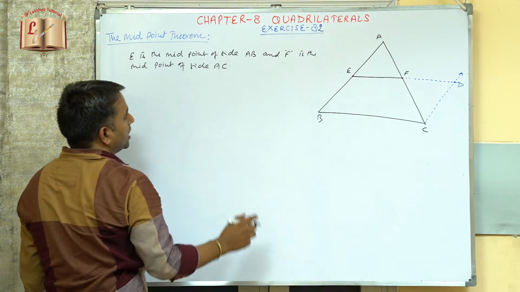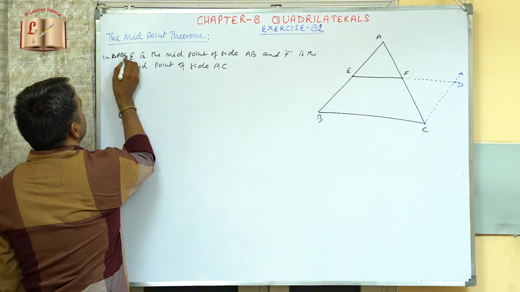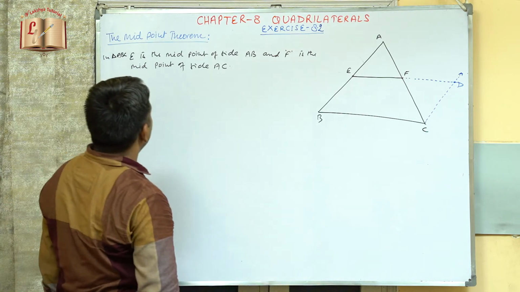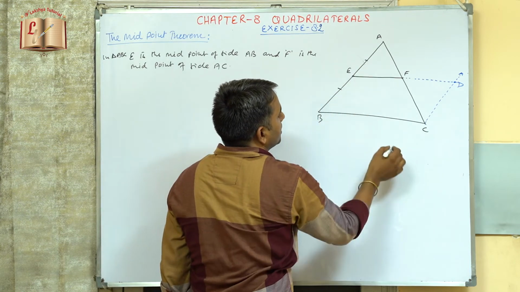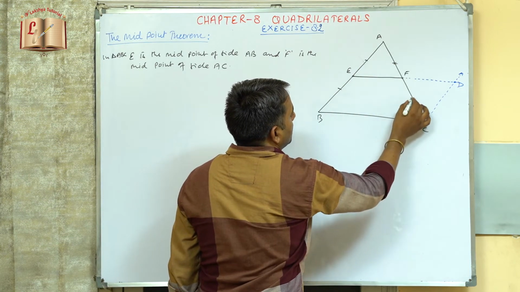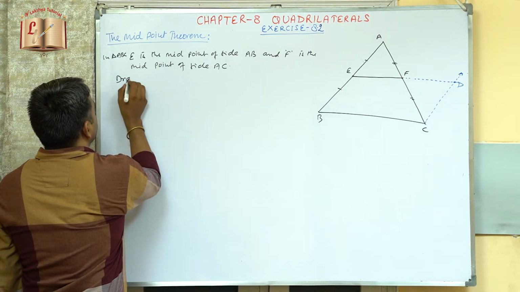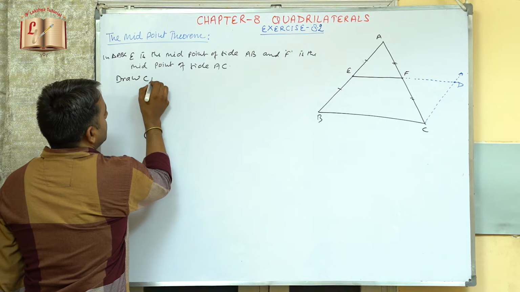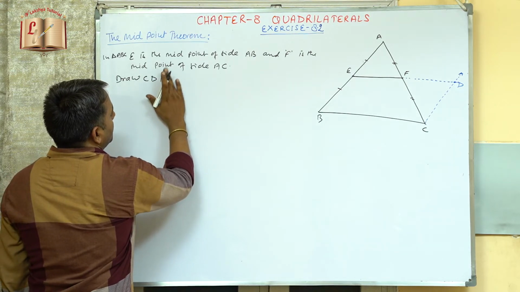So this is already given to us. We can write in triangle ABC, E is the midpoint of side AB. This is the midpoint. This side is equal to this side, and this side is equal to this side. So now draw CD parallel to AB.